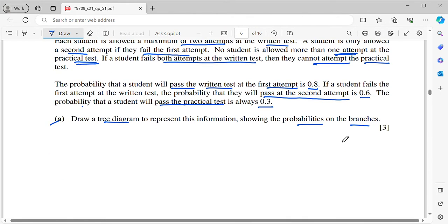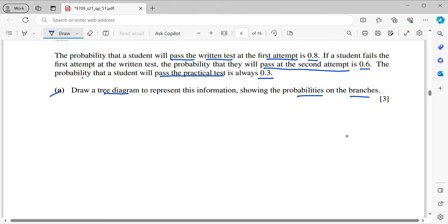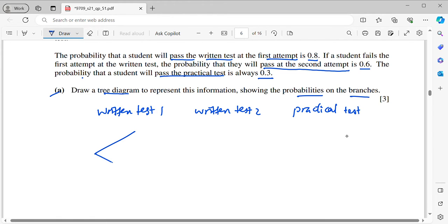The tree diagram will be: this is written test 1, then written test 2, and after that, practical test. A student either passes or fails written test 1.